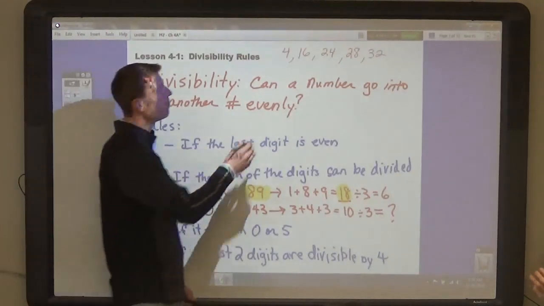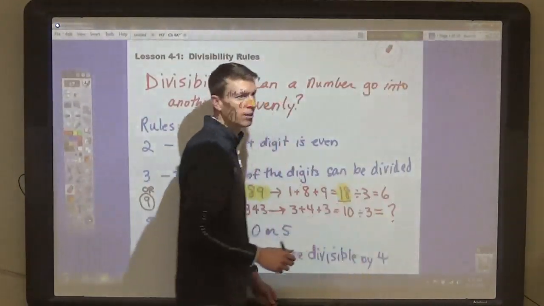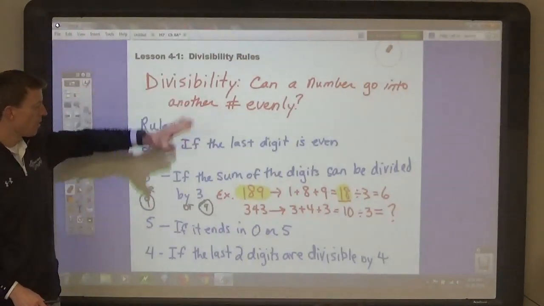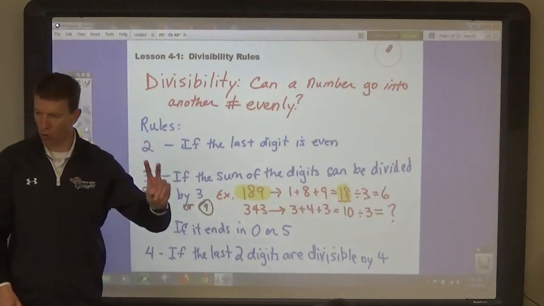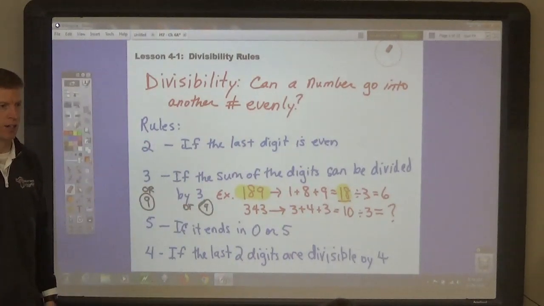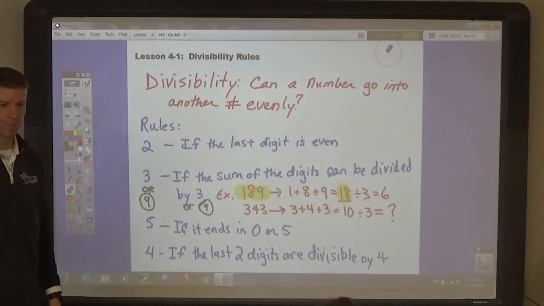Those are all multiples of 4. If the last 2 digits are divisible by 4, then the whole number is divisible by 4.